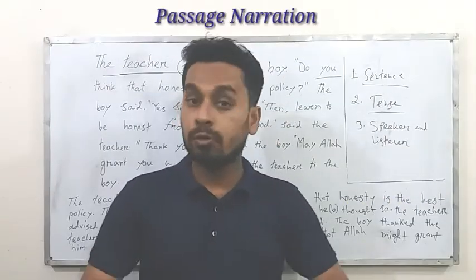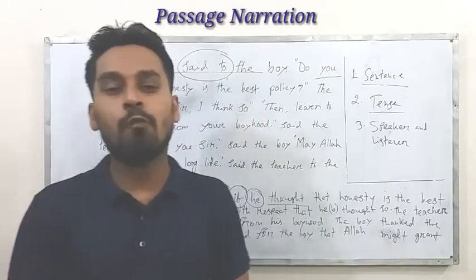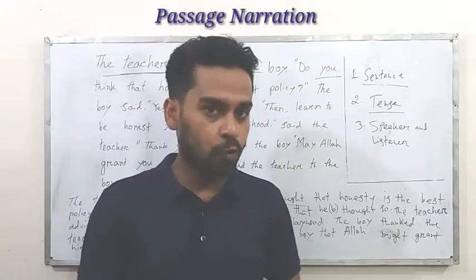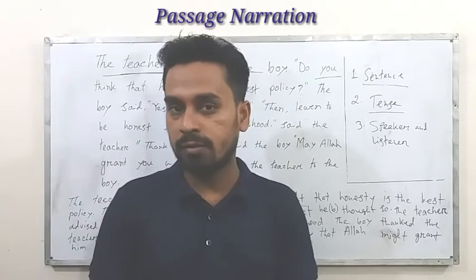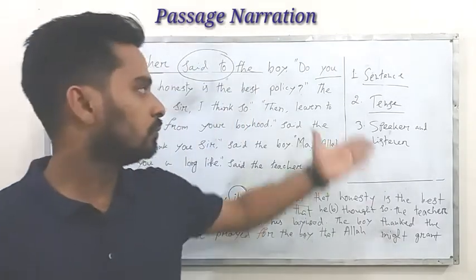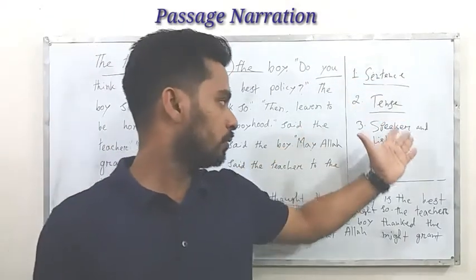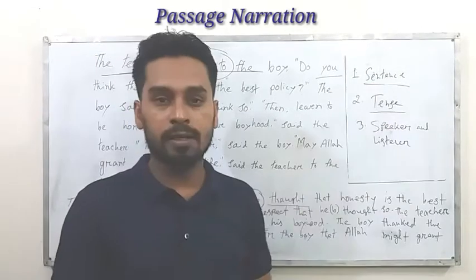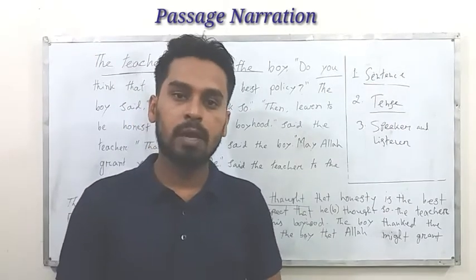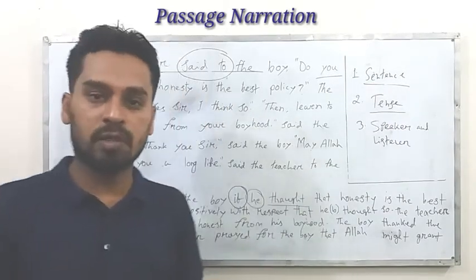Welcome back. So today we are going to talk about how to solve passage narration from direct to indirect speech. Before starting passage narration, we have to know three things, and they are sentence, tense, speaker and listener. Okay, here sentence, there are 5 sentences: assertive, interrogative, imperative, optative, exclamatory.